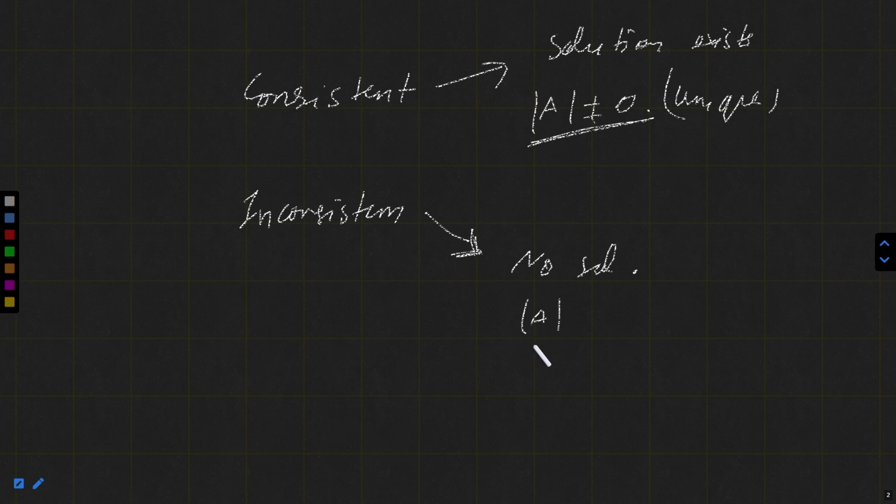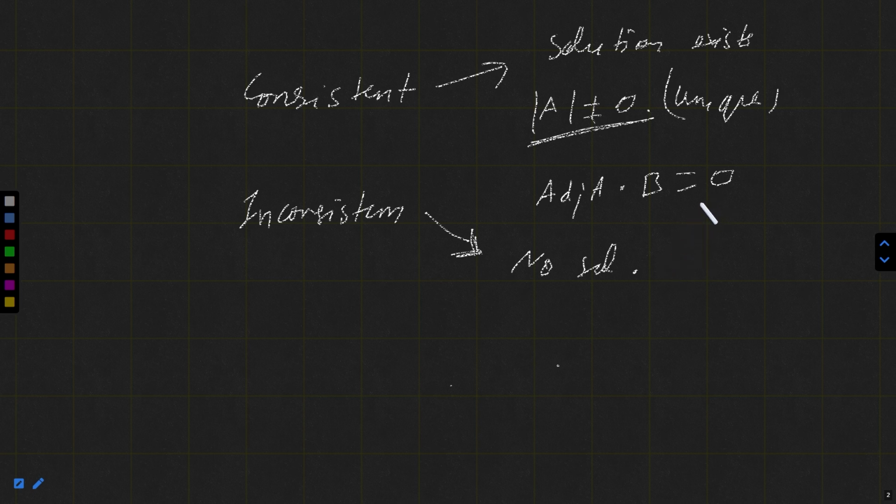If the determinant of A is 0, then we have two cases. Find adjoint of A multiplied by B. If this is non-zero, then there is no solution. If it is 0, then it depends on the case, on the system.